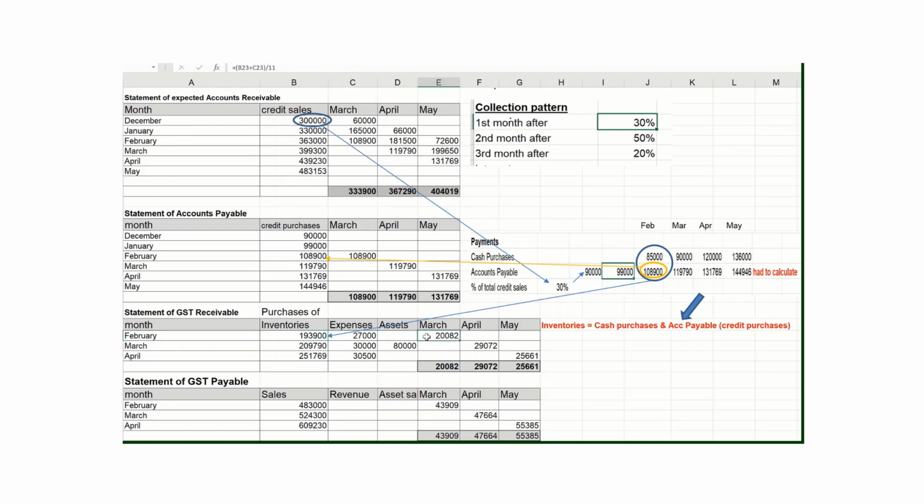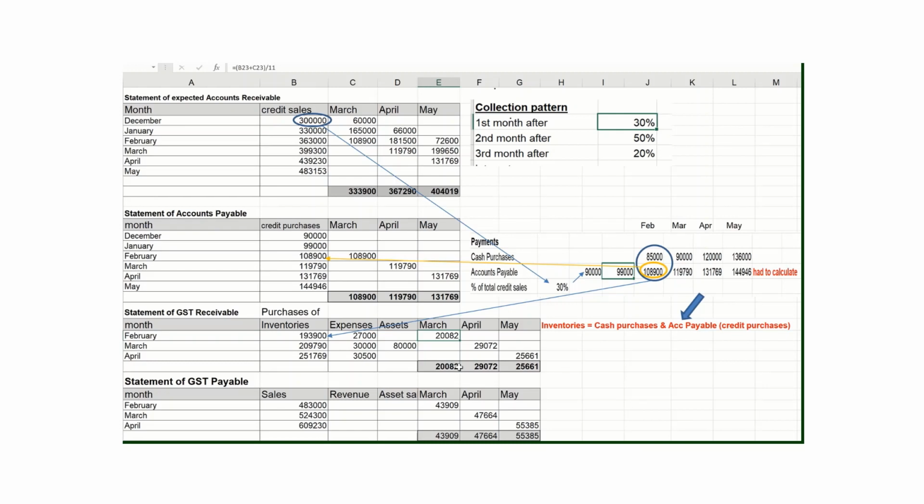How much GST can we claim back? It is the total, if you look at my formula there, B23 plus C23 gives me that total, and you just divide it by 11 because those amounts are GST inclusive.